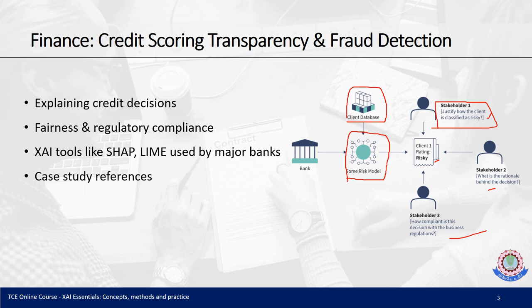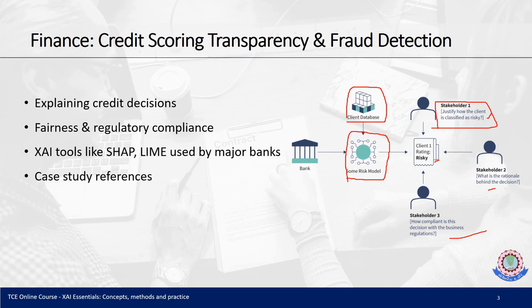In another example, major financial institutions have integrated techniques like SHAP and LIME to interpret credit risk models. These tools help identify the most important features, such as income stability, credit history, and payment behavior, that influence the loan decision, and then clearly communicate that to the customer.